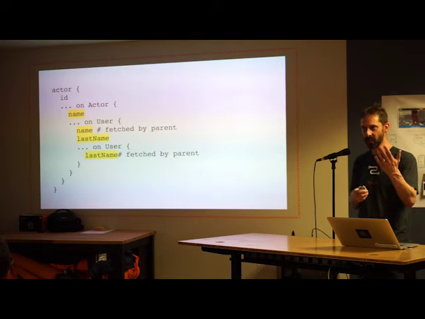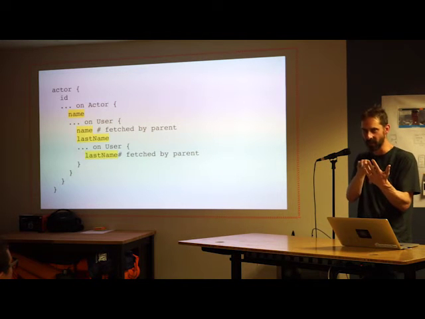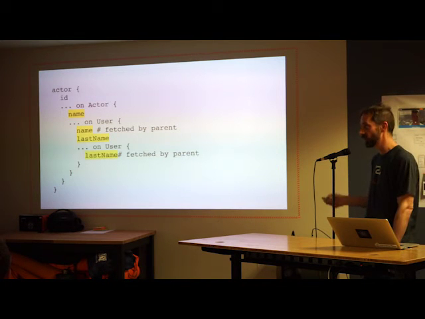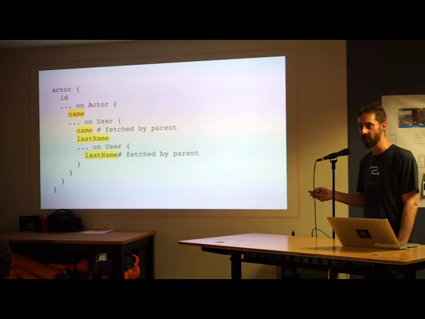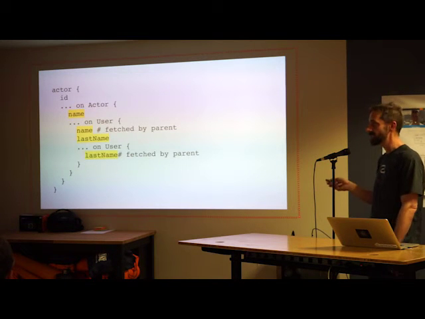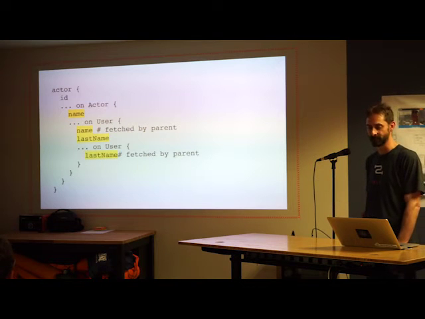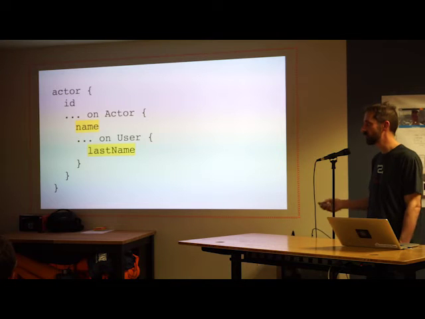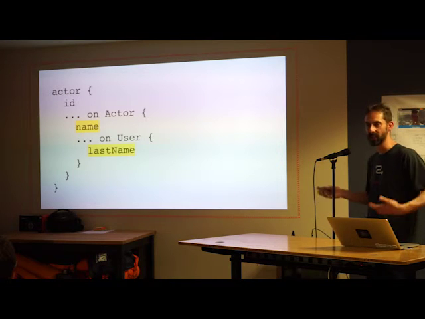Because you're doing this component-like reasoning, you're just asking for the data that your component needs. You're not thinking about how it composes with other components. When it composes, it winds up being this thing that nobody would write. But because we can do static analysis, we can turn this into the kind of thing that somebody would write. And that one becomes this. So those duplicate name and last name fields just collapsed into one.